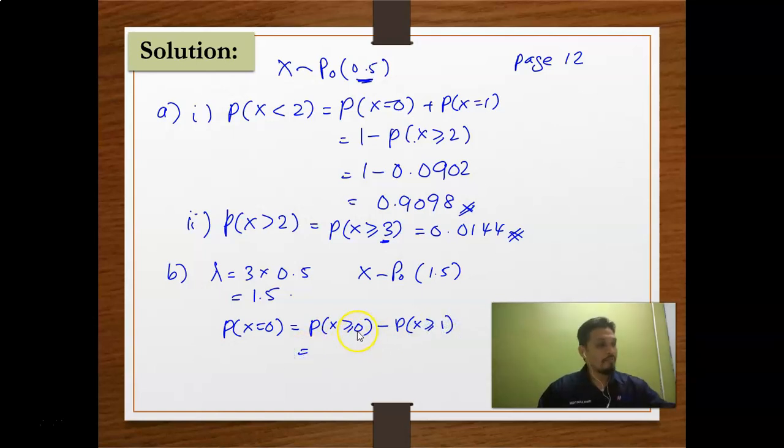On page 12, with lambda 1.5 and x equal to 0, it is 1, minus 0.7769, and it gives you 0.2231.